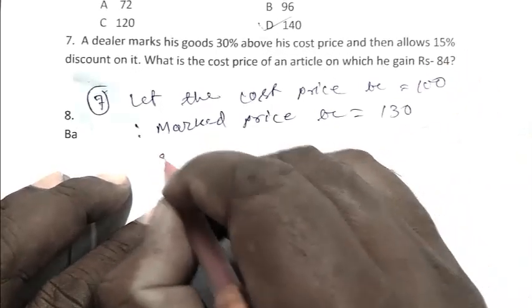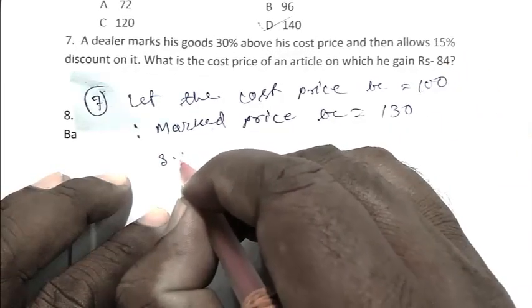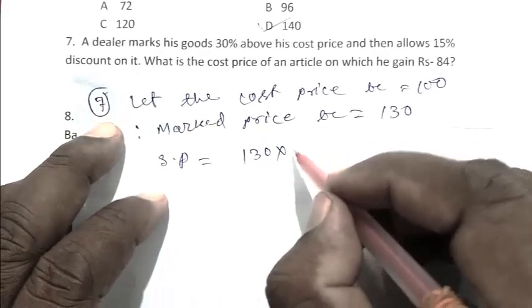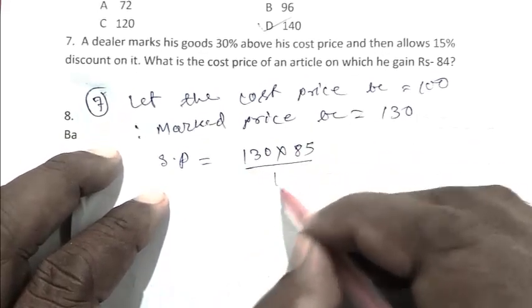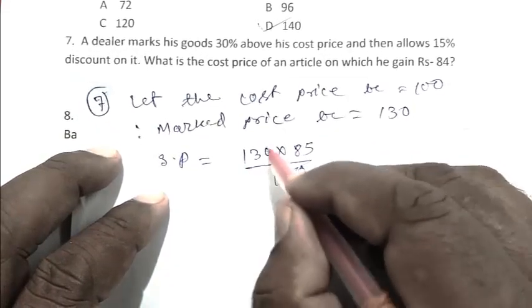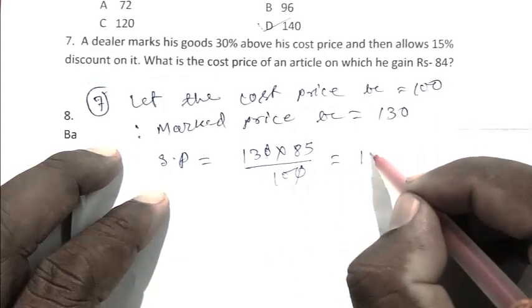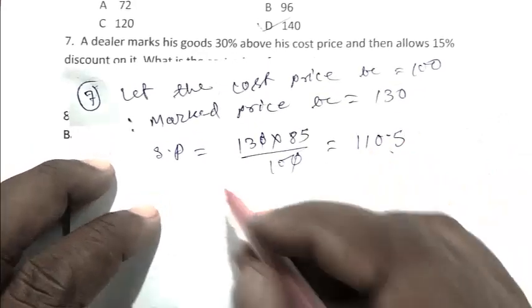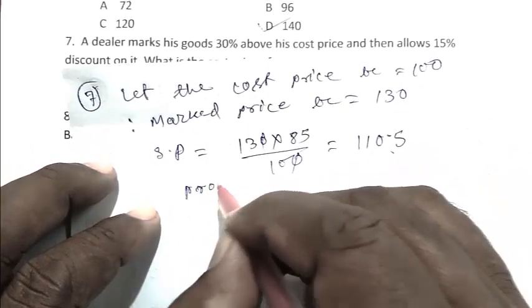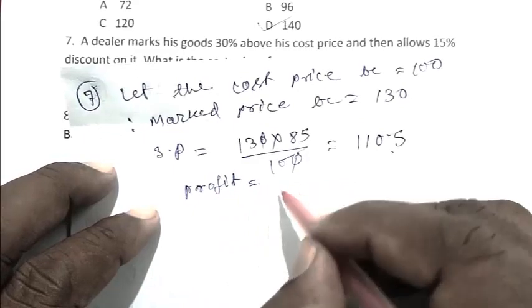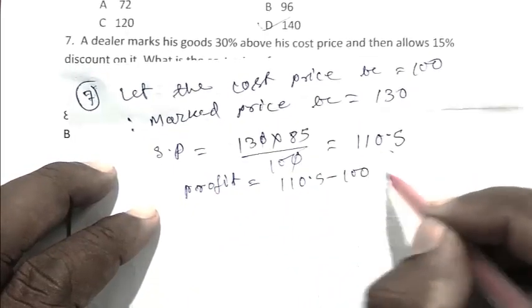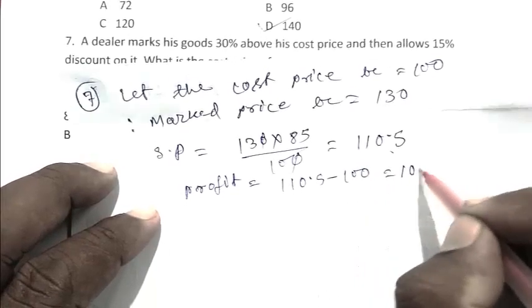So selling price is 130 into 85 by 100, that is 110.5. So profit is 110.5 minus 100, that is 10.5.